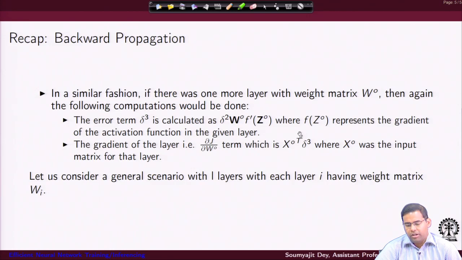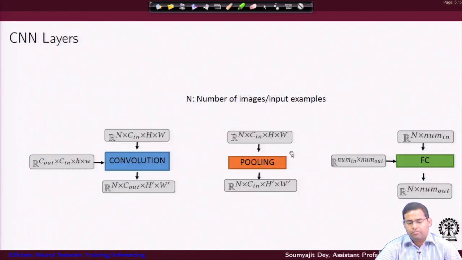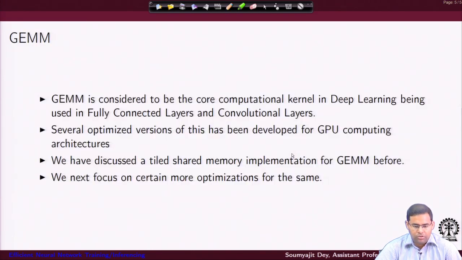Also in each layer, we use the value of the delta and the value of the corresponding image. In case it is an input layer, then it is the input image. If it is an intermediate layer, then it is the transformed image available for that layer, and so on and so forth. So finally, all of them are general matrix multiplications. Fundamentally, that is where we have to optimize.